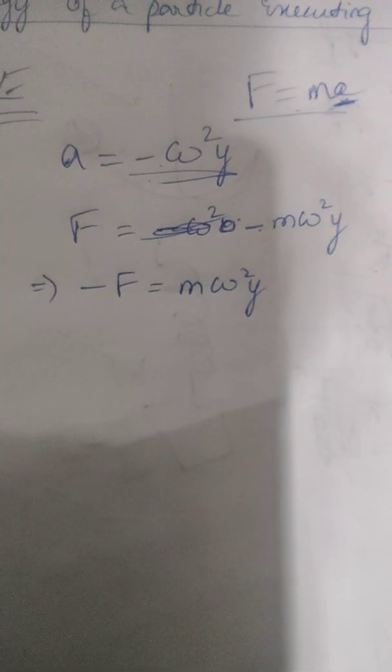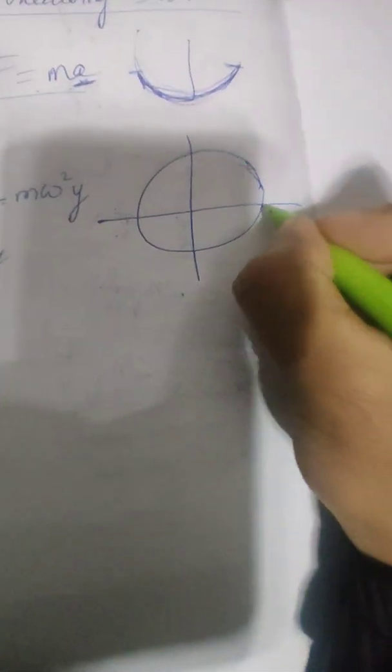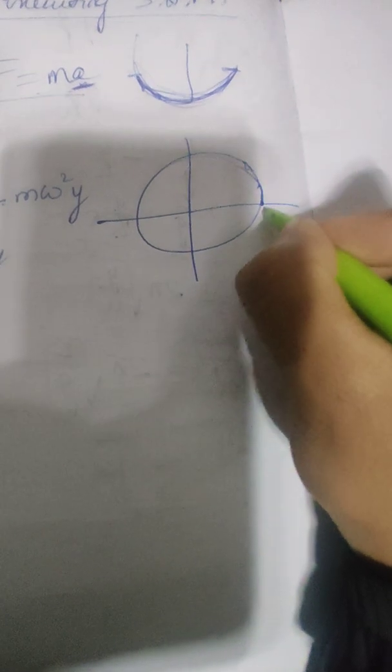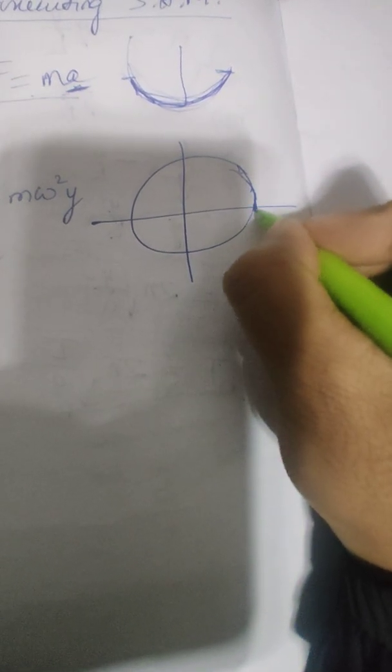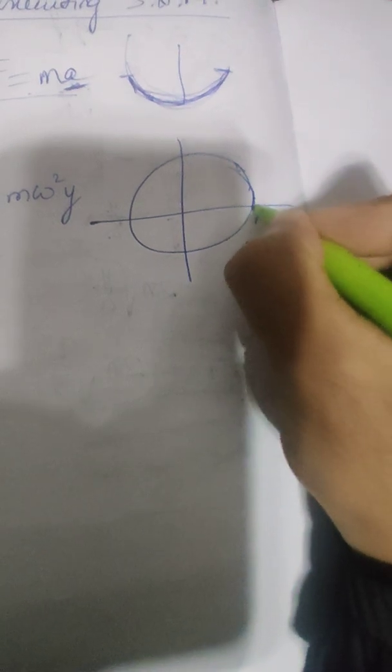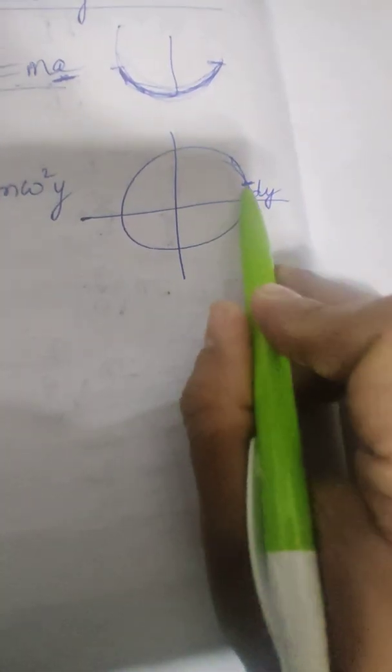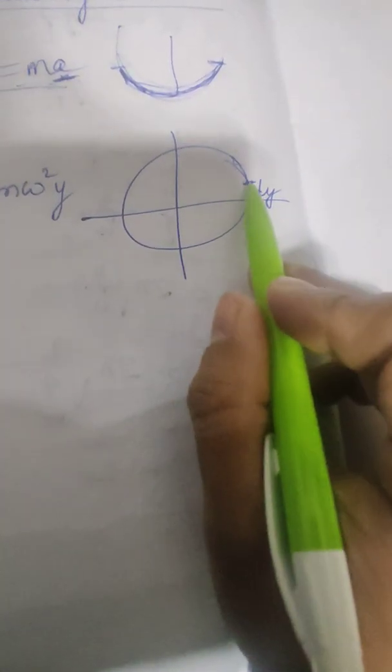Now let us take a small distance. Suppose the particle is moving in circular motion. If it is moving from this point A to a very small distance dy, let's say, up to here only. From this point A up to this point, let the small distance be dy.